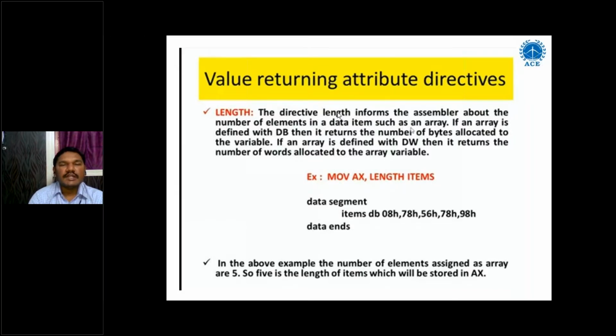The directive LENGTH informs the assembler about the number of elements in a data item, such as an array. If an array is defined with DB, then it returns the number of bytes allocated to the variable. If an array is defined with DW, then it returns the number of words allocated. So in the place of DB, if I write DW, then these are all words.